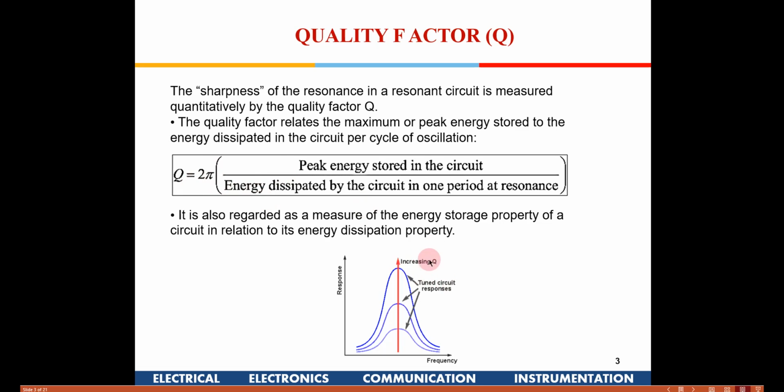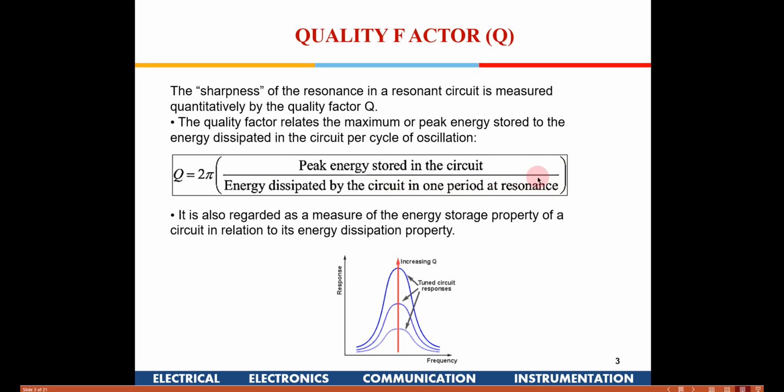It is a very important figure of merit for any circuit. So there are various definitions of Q; in the next 4 or 5 slides you will find Q is defined in various manners, but everything indicates the same thing. So Q is 2 pi into the peak energy stored in the circuit divided by the energy dissipated in the circuit in one time period, and at resonance frequency.